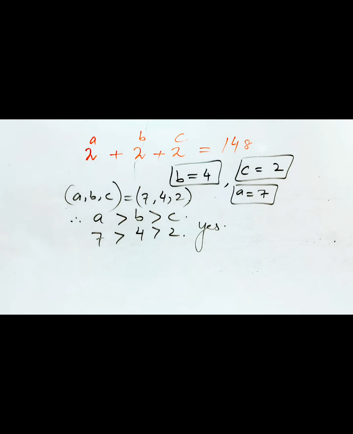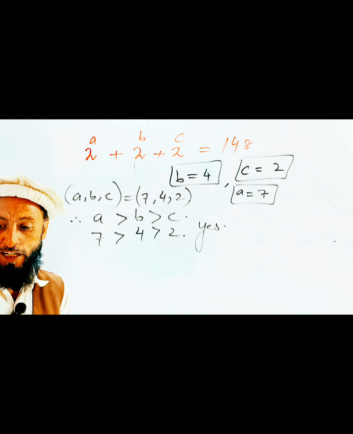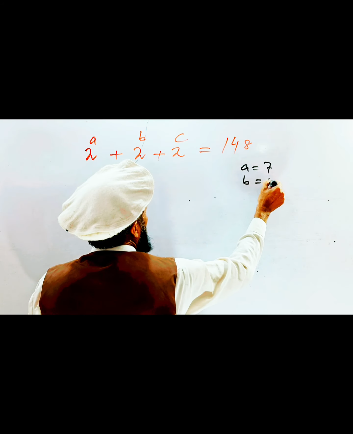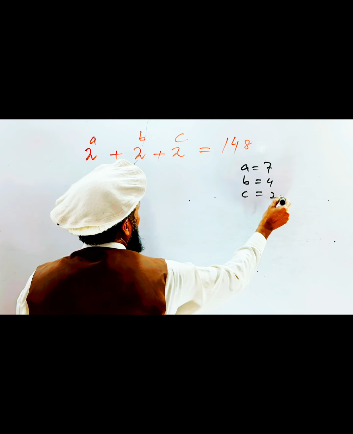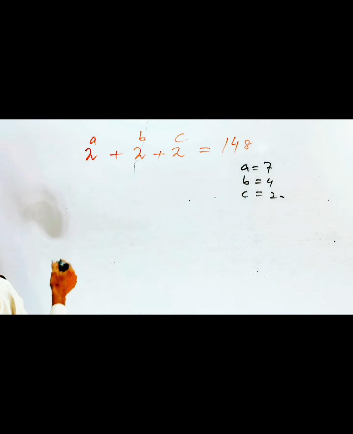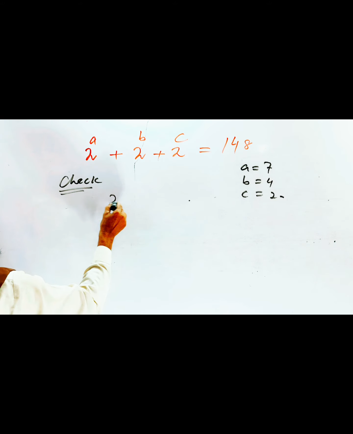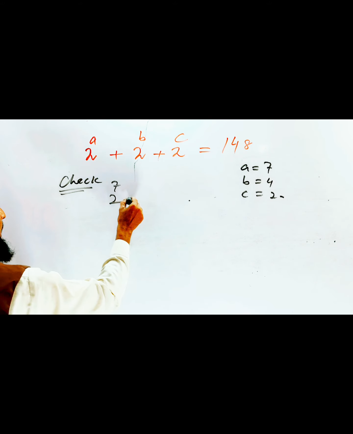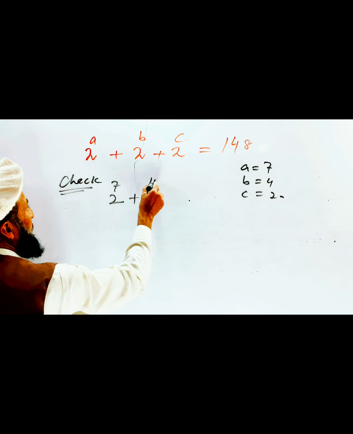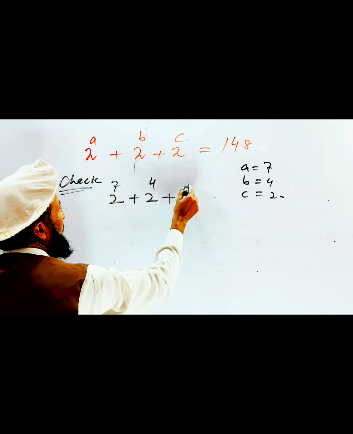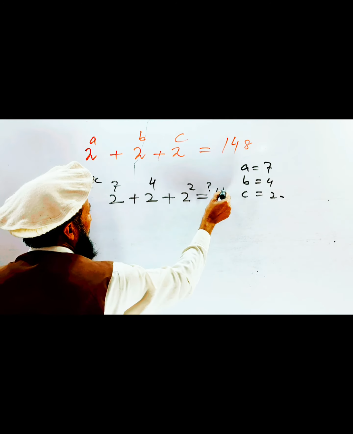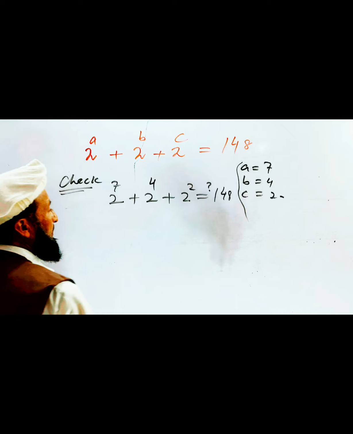Now if we want to verify that our answer is correct, with a is equal to 7, b is equal to 4 and c is equal to 2, we replace in the given question. Checking: 2 exponent of a is 7, plus 2 exponent of b is 4, plus 2 exponent of c is 2, is it equal to 148?